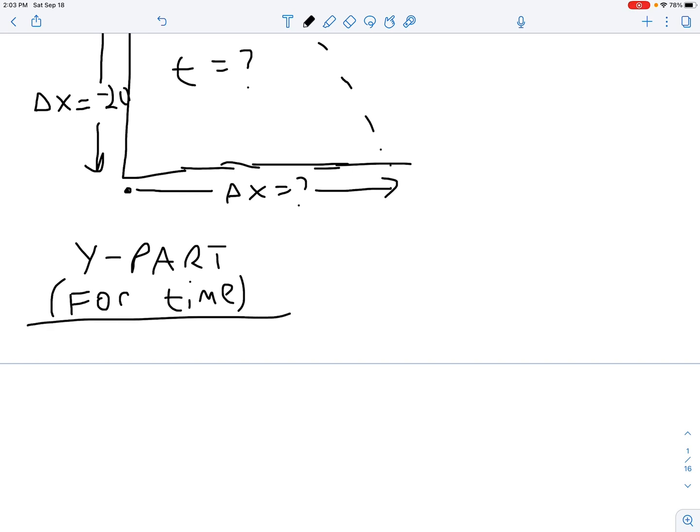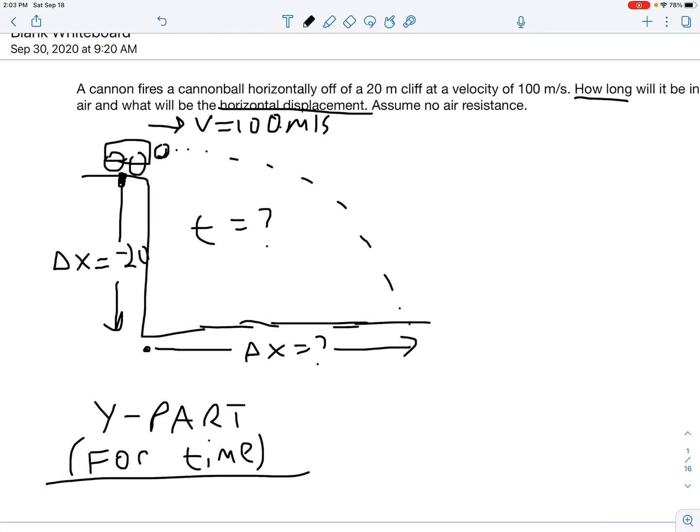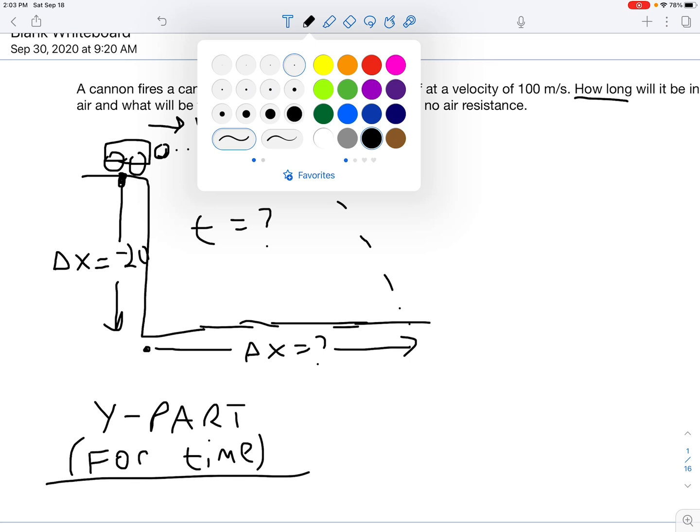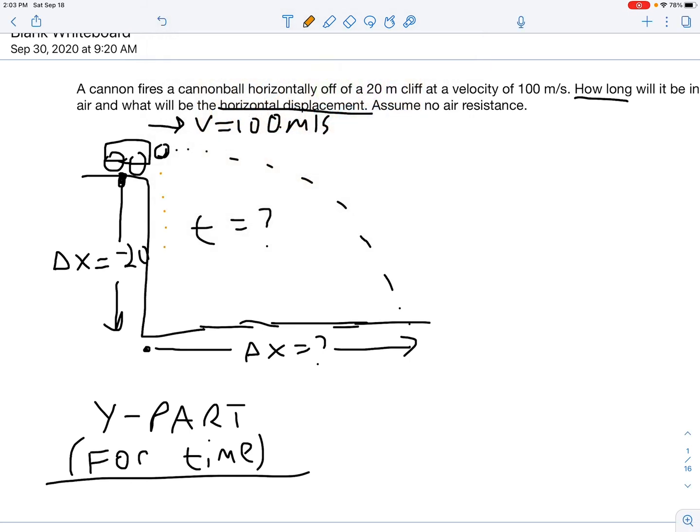We're going to imagine the cannonball is dropping straight down, and we can do this because we know the time it takes to hit the ground here will be the same as the time it takes to hit the ground here. We learned that in class.